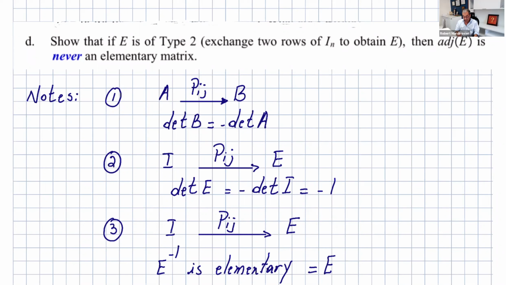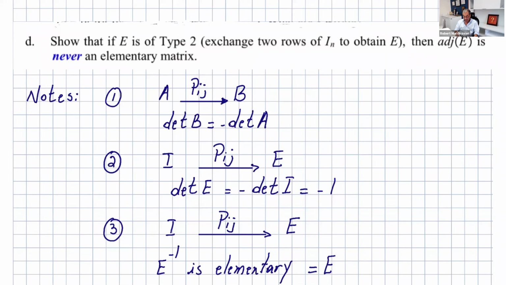Now, there are some notes I put here for you. I want you to go over them. This is from the last lecture. First of all, if you have a matrix A and you permute 2 rows, that's just interchanging 2 rows, and you get a matrix B, then the determinant of B is the negative of the determinant of A. So the sign of the determinant changes.